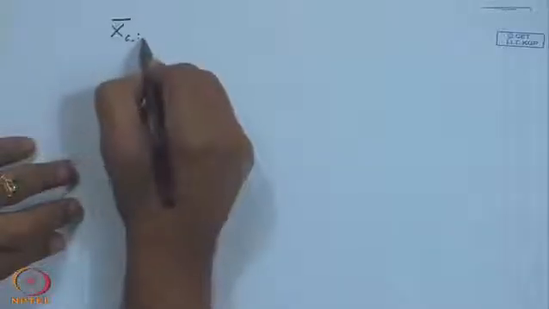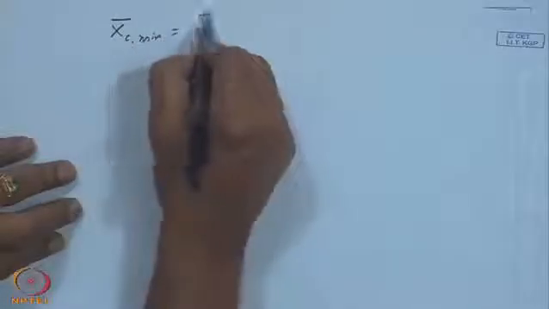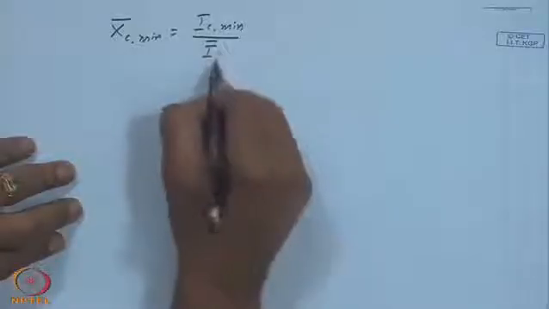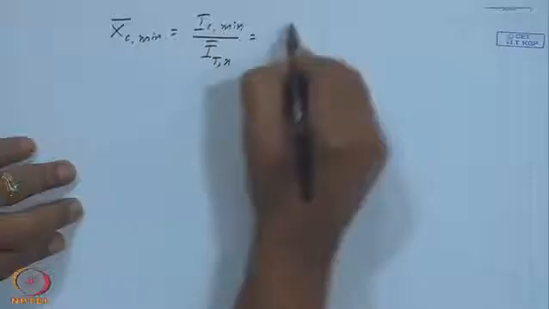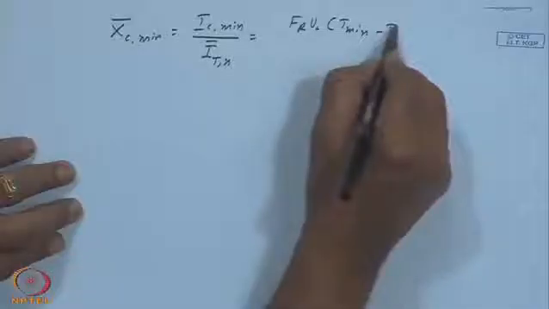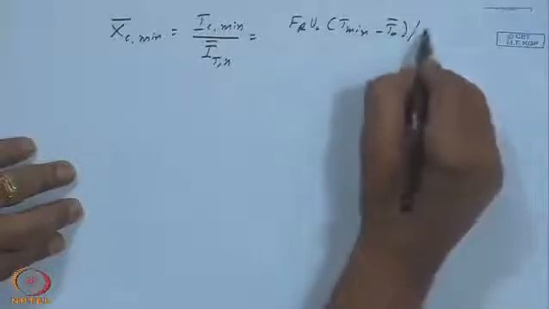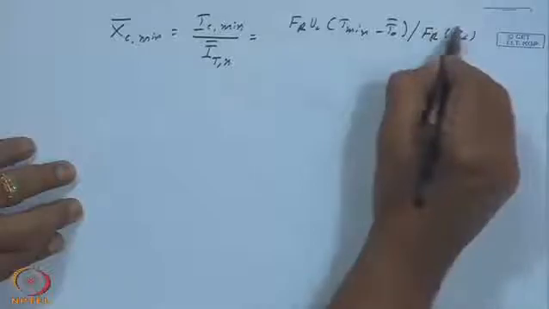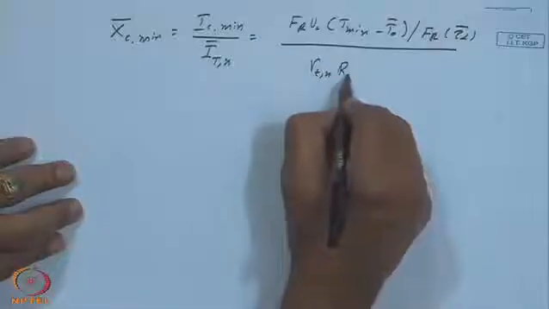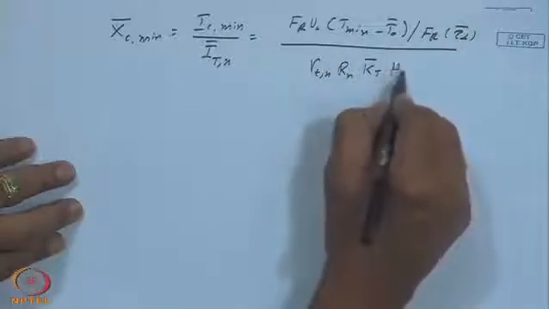Analogously, you can write Xc bar minimum, Ic min by It bar noon equal to Fr ul T min minus Ta bar by Fr tau alpha bar by Rtn Rn Kt bar H0 bar.